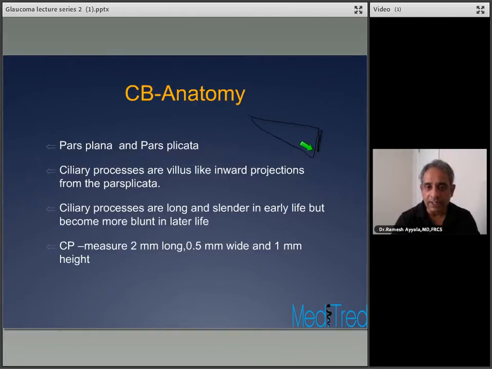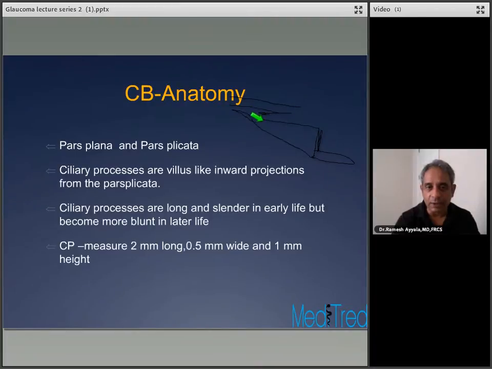The iris root is inserted somewhere here. You have the sclera on top here. And so the space that is present in between the sclera and the ciliary body is called the supraciliary space.